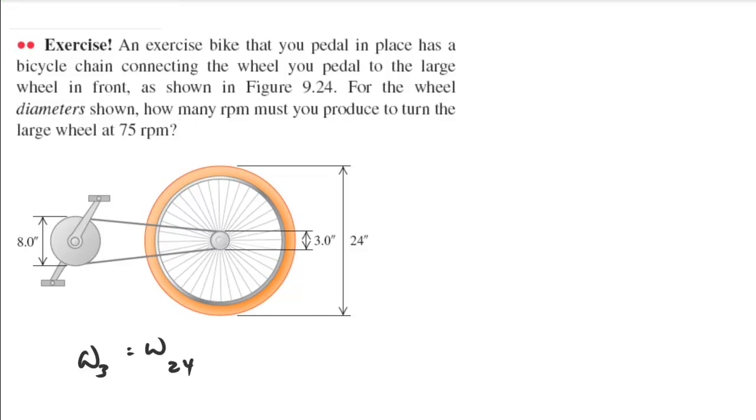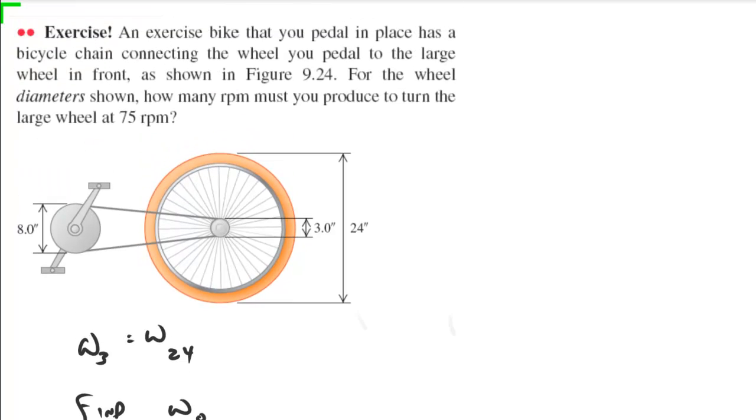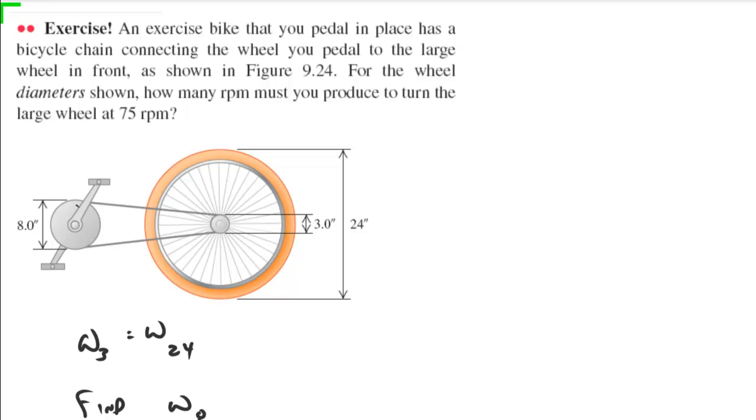Okay, and we want to find the omega of the 8-inch wheel. This is what we're looking for. Okay, now the way that they're related, we have this system here with this one spinning around and this one spinning around, and the relationship we have between them is this bike chain, or this rope, or whatever it is, most likely a chain.